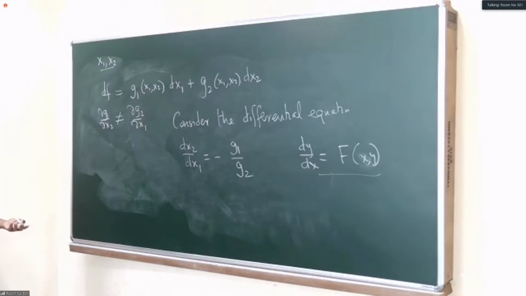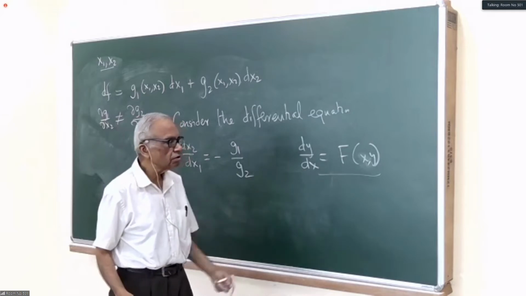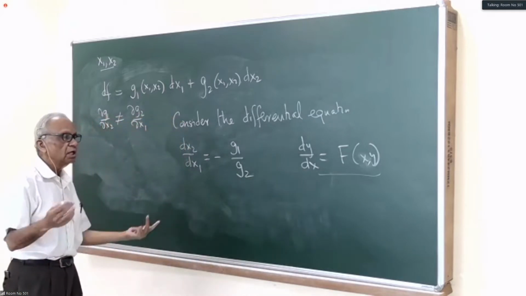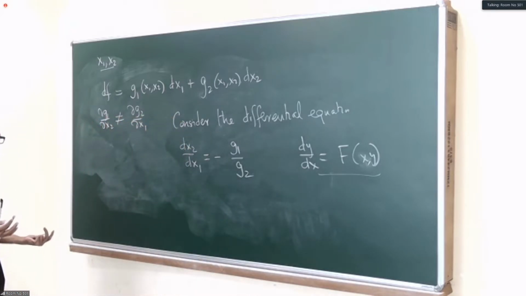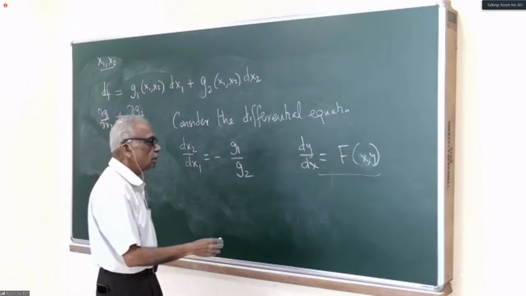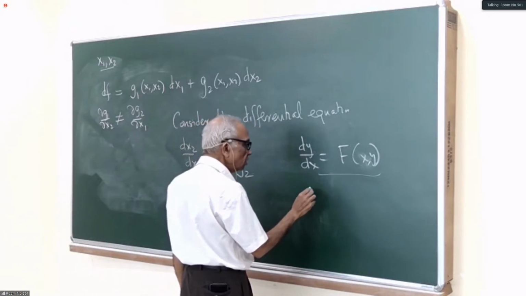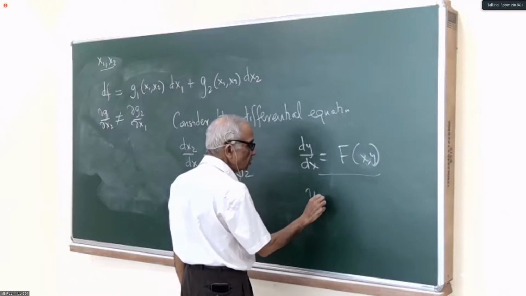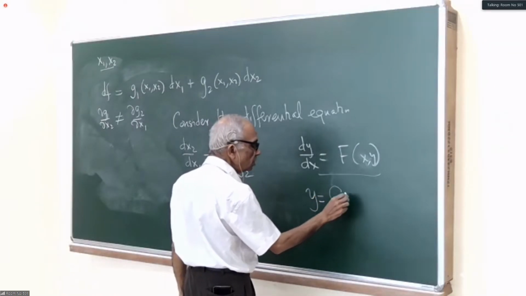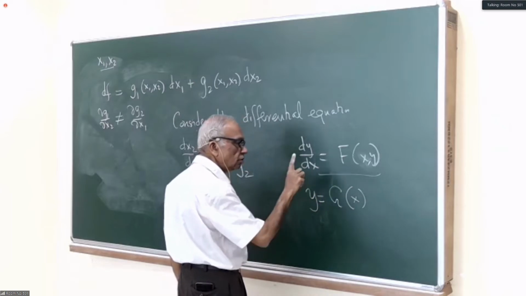So, all right. Given a differential equation, you will find it's a first order differential equation, and therefore you will be able to find some solution. You can always solve this first order differential equation and write y is equal to some g of x, and there would be one integration constant.